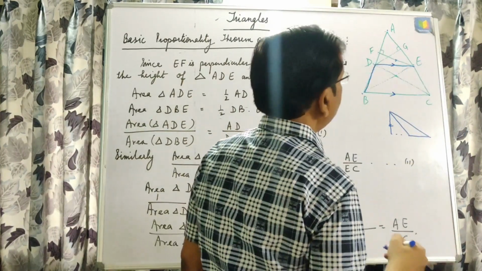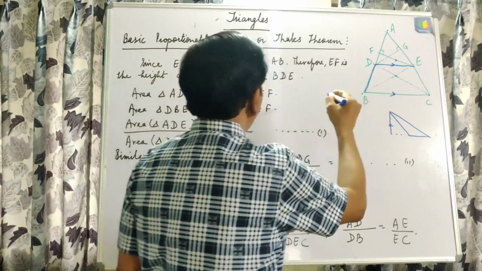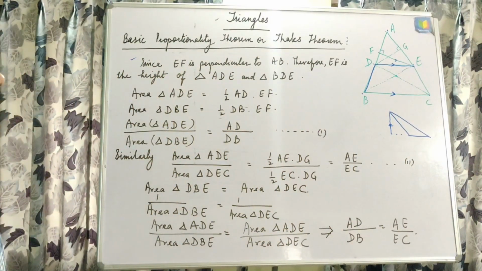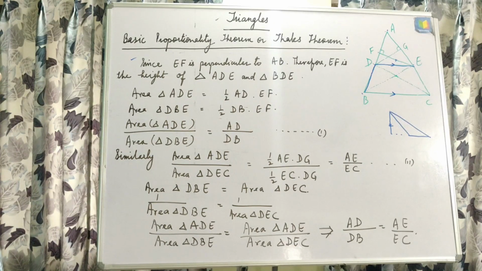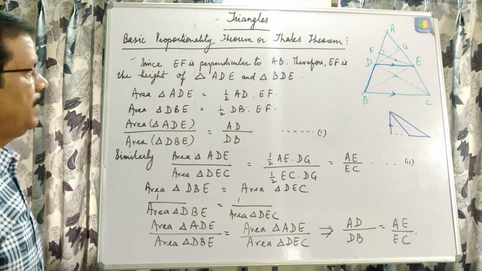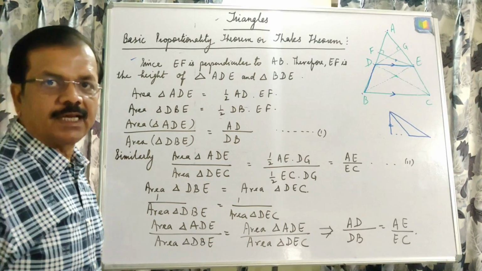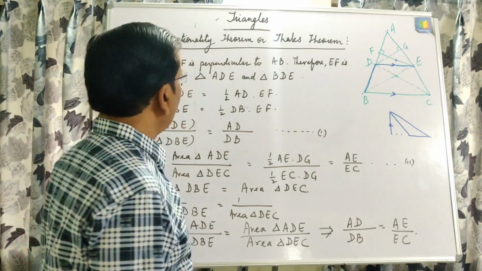Since EF is perpendicular to AB, therefore EF is the height of triangles ADE and BDE. Now what is the area of a triangle? Half base into height.